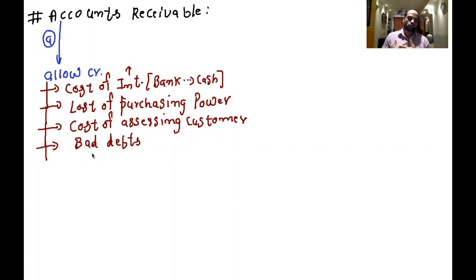So bad debts will be high, your cash inflow will decrease. Right? So you may go bankrupt if a significant part of your accounts receivable goes bankrupt. All right? So if they go bankrupt, of course, that will affect your business as well. Right? So these are the problems that occur if we are holding or allowing too much credit.